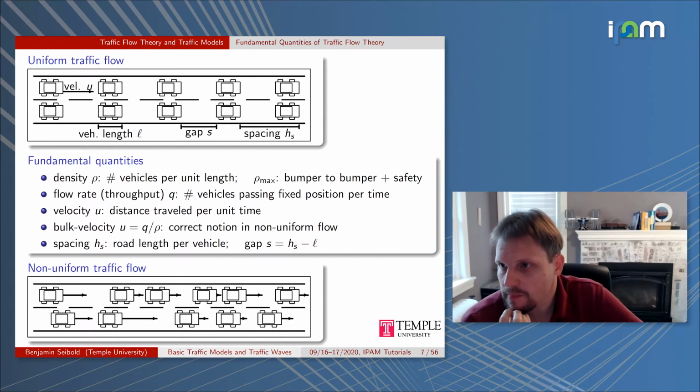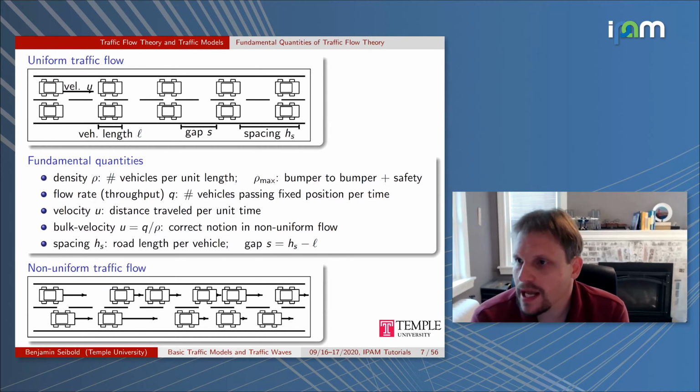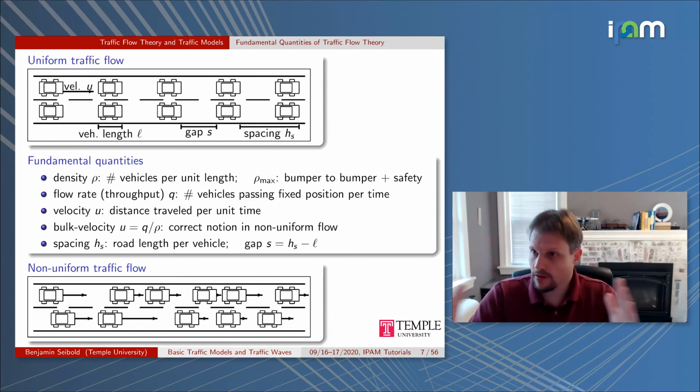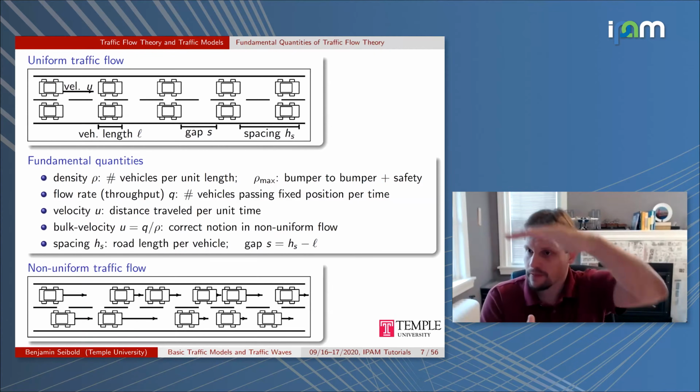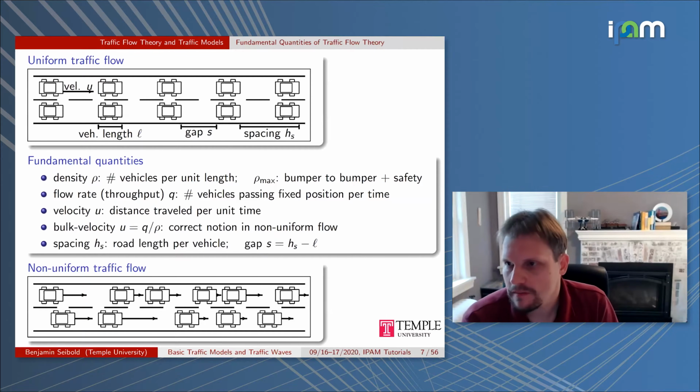So you have a vehicle-specific speed that every vehicle is going with, but you can also define a macroscopic velocity that corresponds to essentially what is in that segment of road now in space-time, right? A slab. What is sort of the effective average speed at which the flow goes? And that, what is called bulk velocity, is defined as exactly the flow rate divided by the density. You can, of course, check dimensionally that this gives you the right units.